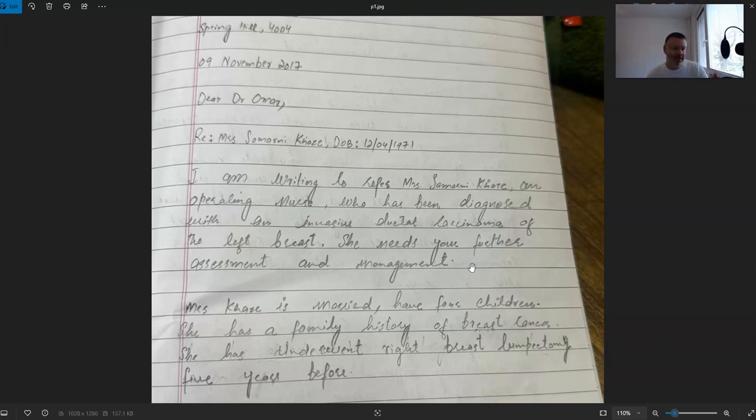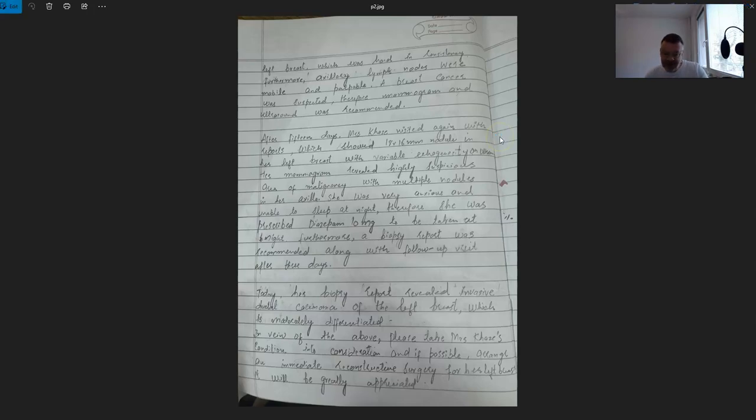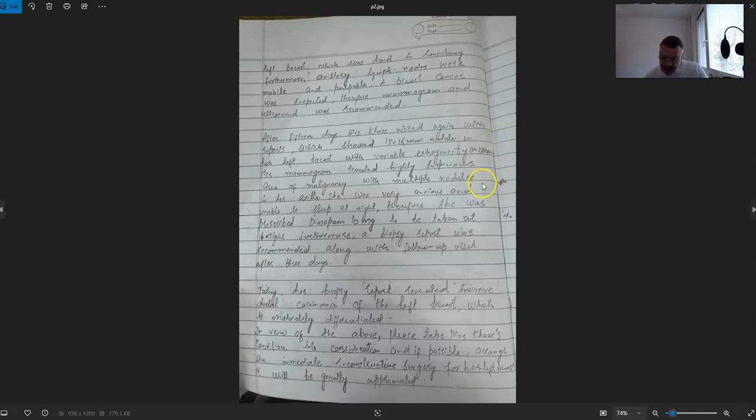It says immediate reconstructive surgery. Now let's see if they've expanded on this purpose in the rest of the letter. So let's say, because you restate at the bottom. In view of the above, please take Mrs. Khaze's condition into consideration.